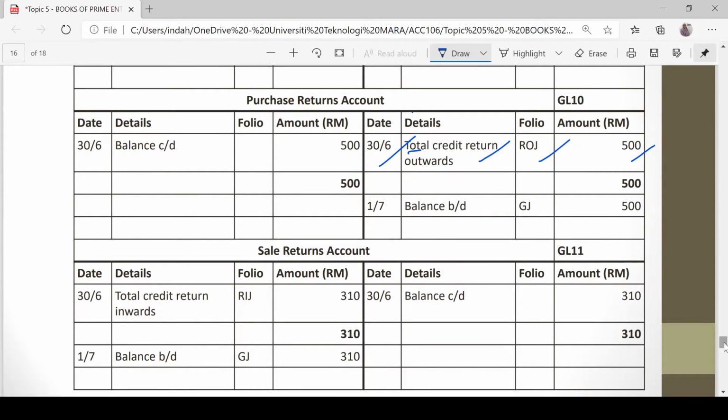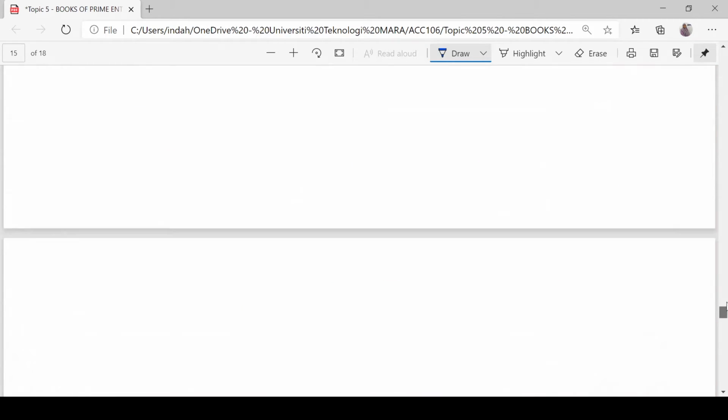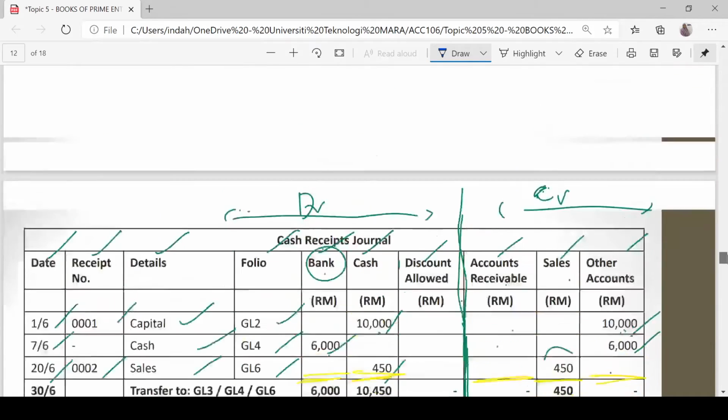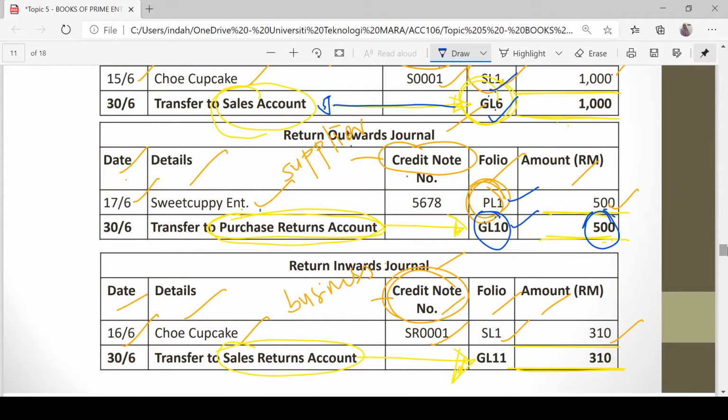You go to the bottom of the return inwards journal, and then you record it here: total credit return inwards from the return inward journal, 310. Who made this return? KOI Cupcake. Look at GL11. We are also going to update SL1, which is the account of KOI Cupcake. KOI Cupcake is an account receivable. So when KOI Cupcake returns goods, what happens to account receivable?